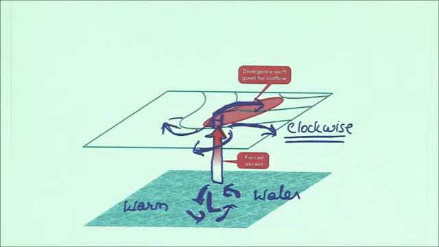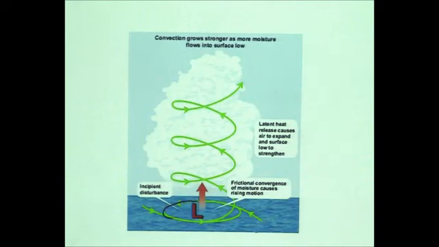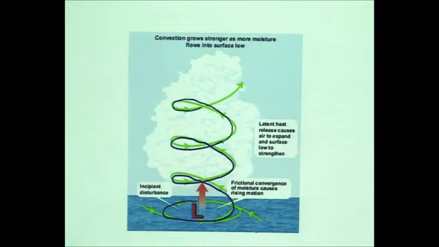See the more depictive diagram here. Counterclockwise convergence and rising air column, which tends to develop latent heat release causing air to expand and surface low to strengthen.